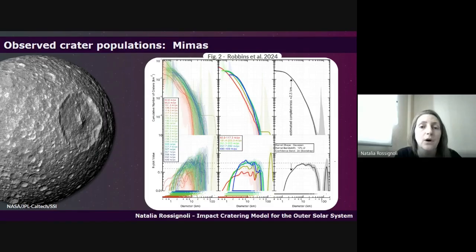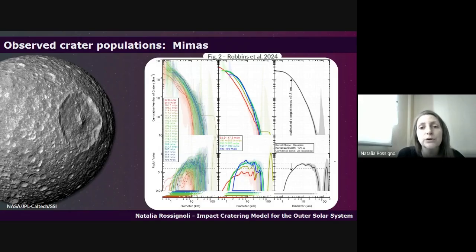For example, observed crater distributions or crater counts can be used to compare different terrains within a satellite. You can have different types of terrains in one satellite, and comparing the crater distributions, you can see what are their relative ages or what kind of processes have affected each area. Also, you can compare different satellites and obtain their relative ages with the crater counts.